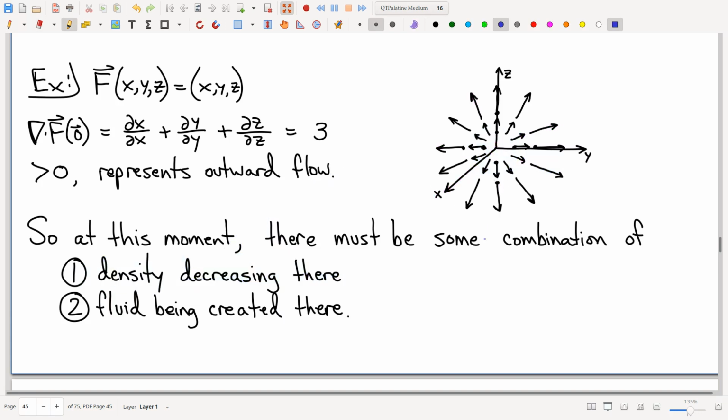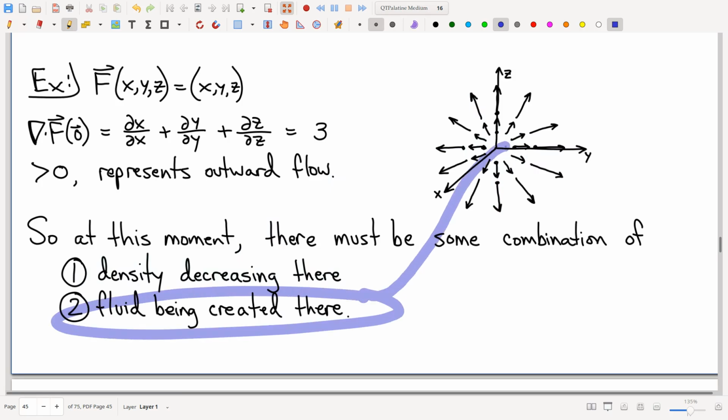Here's another interpretation. Inconsistent, but perfectly valid, equally valid. It's not that I have a finite amount of stuff there and I'm losing it. It could be that this is a stuff factory, sitting there churning out stuff. The stuff is flowing out, but I'm not losing stuff.